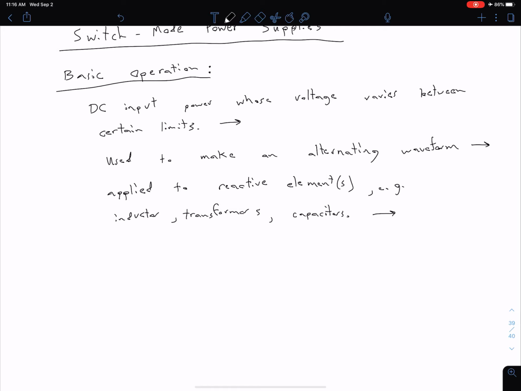Basically what's happening is we have energy stored in these reactive elements, and that energy is then used to modify our original altered waveform. So energy stored in reactive elements, and then that energy is used to alter the original input voltage.